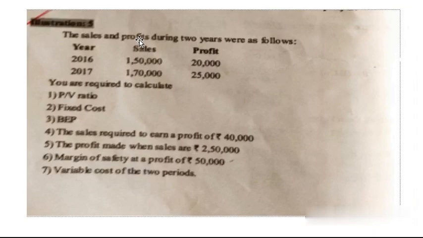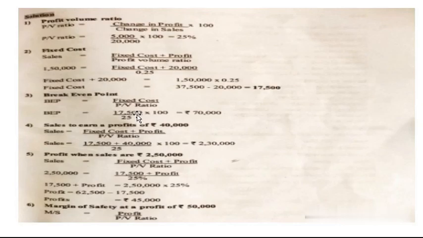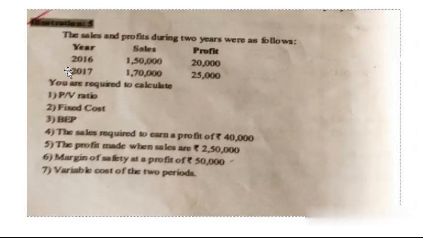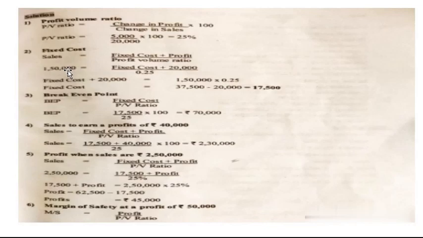Next, they have asked us to calculate fixed cost. To calculate fixed cost, any of the formulas can be used. You can select a formula like sales, where you have fixed cost in it, and find out fixed cost. In this problem, they have given us sales, and the sales of any year can be taken. You can take 2016 or 2017, you will get the same answer.